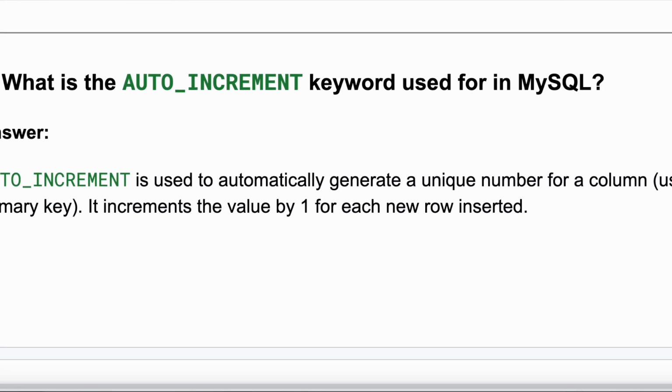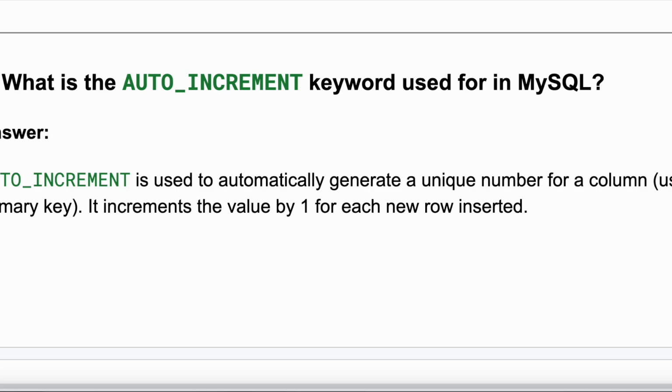Next question is, what is the AUTO_INCREMENT keyword used in MySQL? It is self-explanatory. Auto increment is used to automatically generate a unique number for a column. Usually when we have a primary key, we want that primary key to be generated automatically.